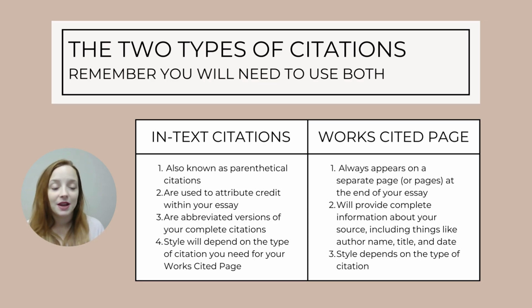But in APA style, we call this page the references page instead of works cited. Now, the full citations that appear on your page at the end of your essay provide complete information about the source, including things like the author's name, the title, the date, and basically anything else your instructor or your audience might need to find your sources.